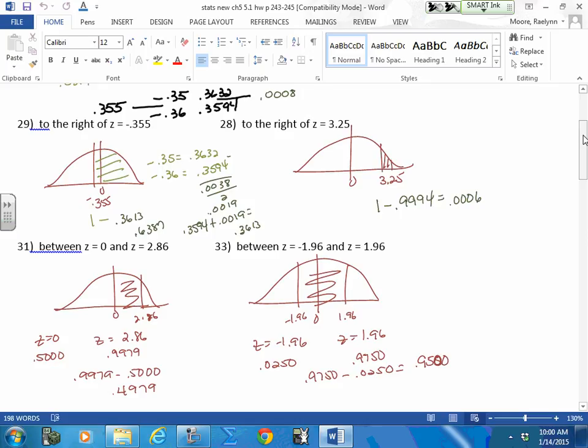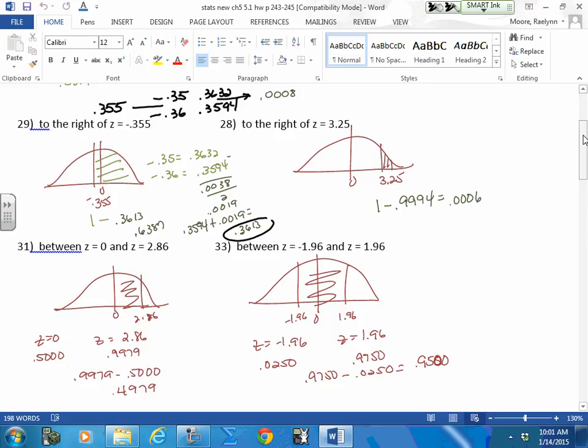I want a number that falls halfway between there. So I take the difference in them, I split it in half, and I just add it or subtract it. Add it to the lowest, subtract it from the higher. Probably easier to add. Add it back to your lowest number, and this is your area.